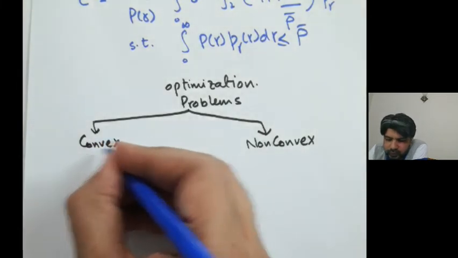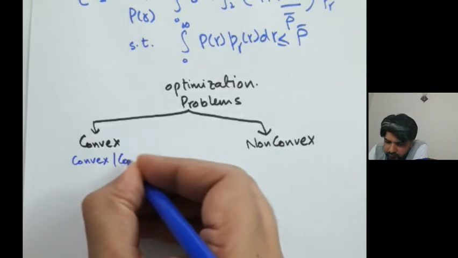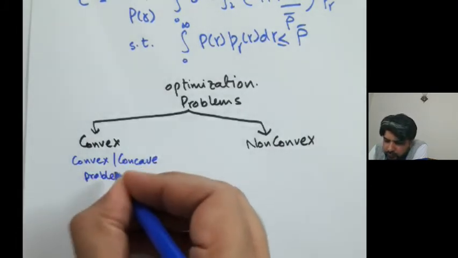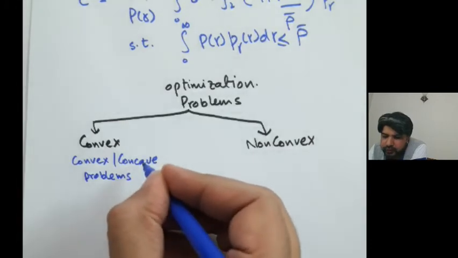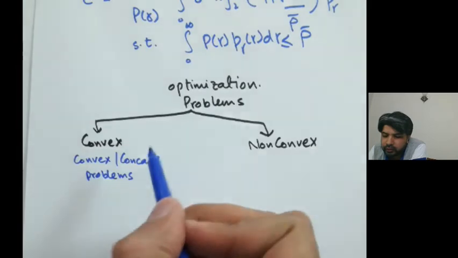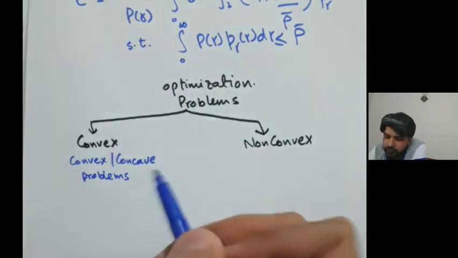Under the convex category, you can have convex as well as concave problems, because if you have a concave function, like for example a log, all you need to do is multiply it with a negative sign. That would make it a convex problem.